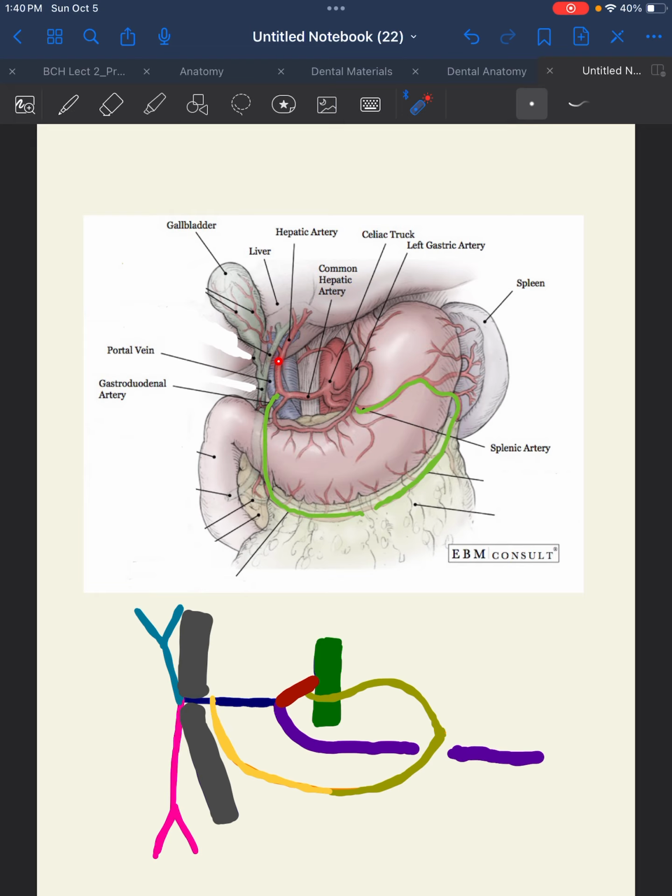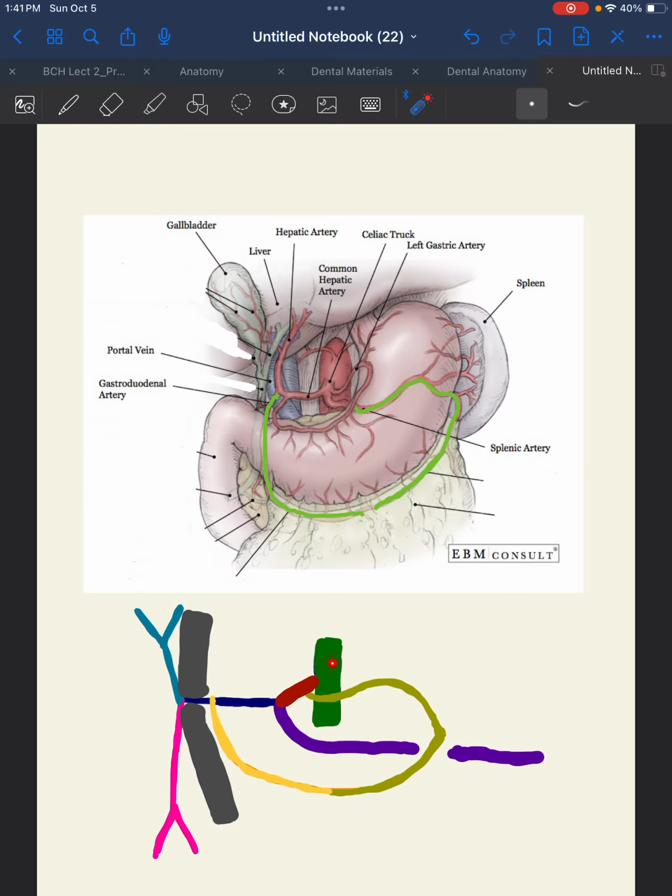And the proper hepatic artery will branch off into the right hepatic artery and the left hepatic artery. And then here, underneath it, is the portal vein. So if you find the proper hepatic artery, underneath it, that large tube-like structure in the lab will be your portal vein. And here's a simplified diagram below.